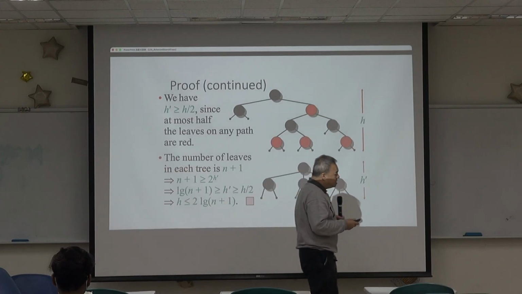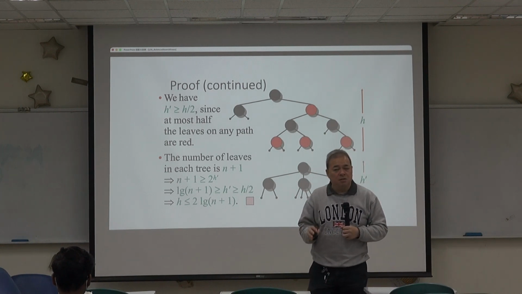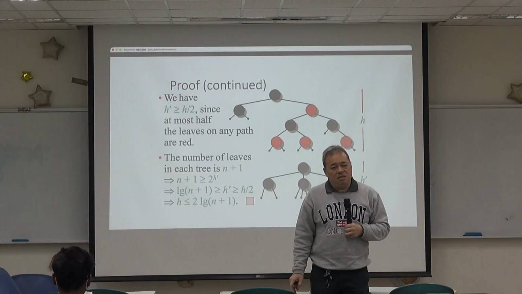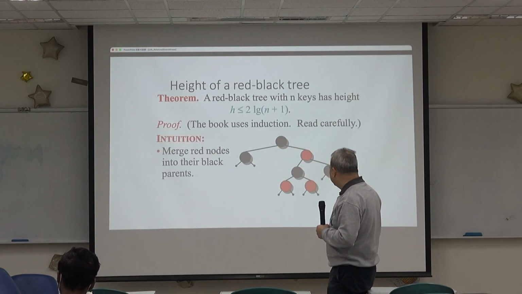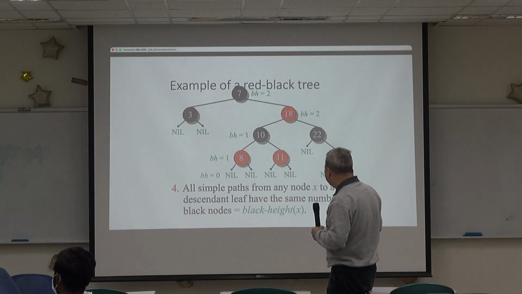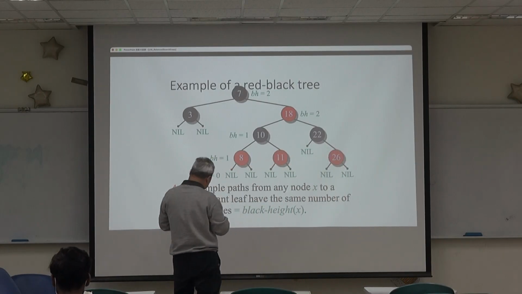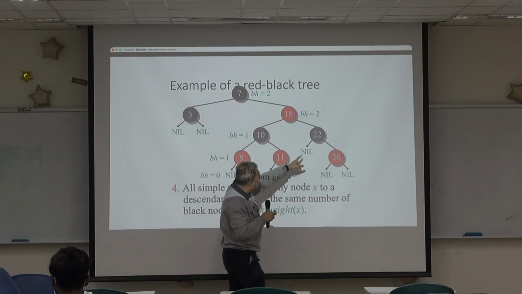So we know in a binary search tree, the number of leaf nodes, let's take a look at this one. These are leaf nodes.